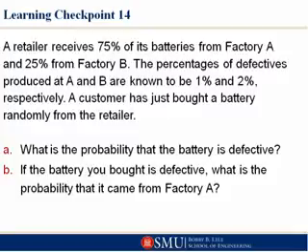What is the probability that the battery is defective? So you've got to set up your events, decide how you are going to label them, and then ask what data you're given here. What probabilities are you given as background, so that you can figure out the probability that the battery is defective. If the battery you bought is defective, what is the probability that it came from factory A?